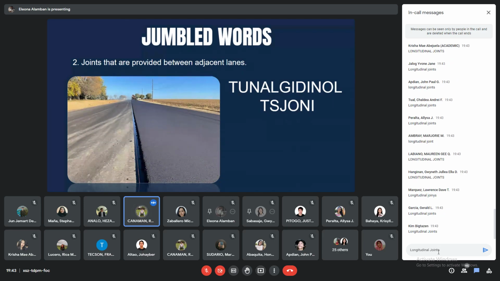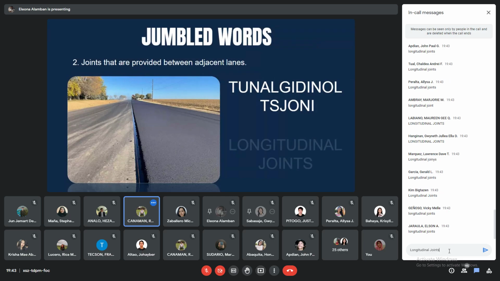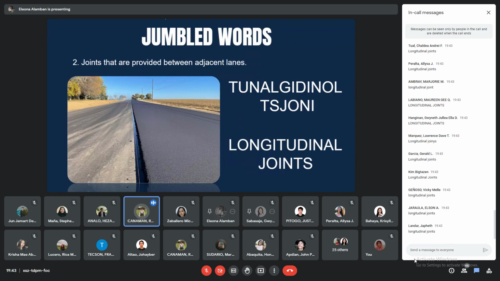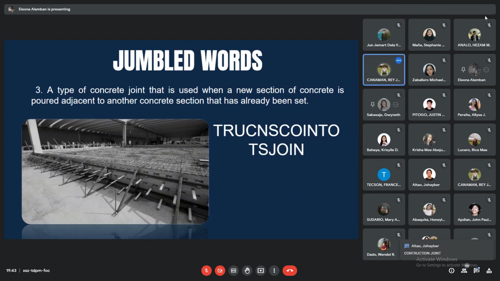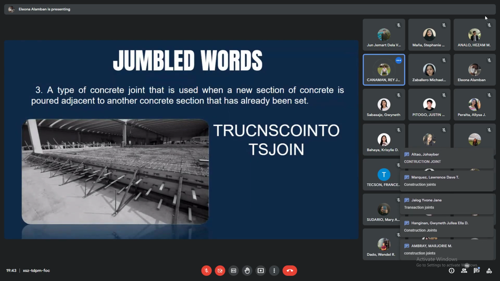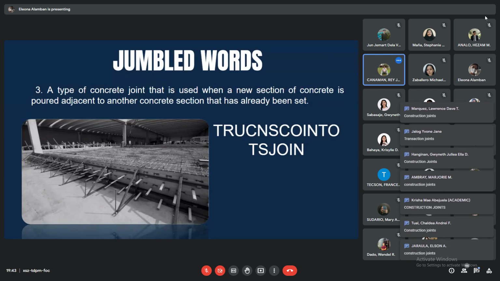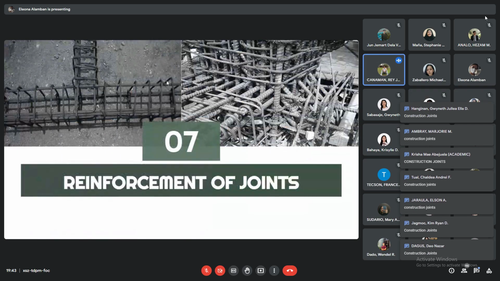Then sakto na daga naman po naka-answer. Naka-answer is ang una is si Altaw driver. Then lastly is ang number 3. It is a type of concrete joint that is used when a new section of concrete is poured adjacent to another concrete section. Kami ka mga bright. Sige, ang una is si Franz. So, thank you. Mura to ang akong report na part.